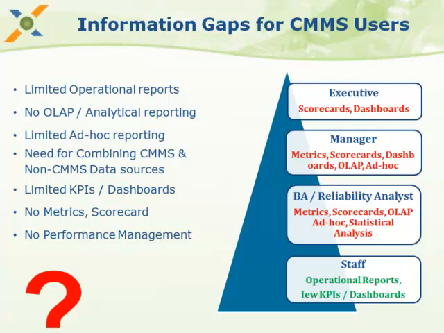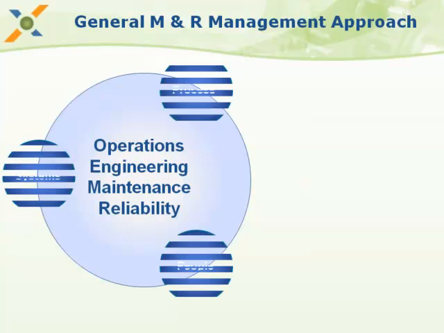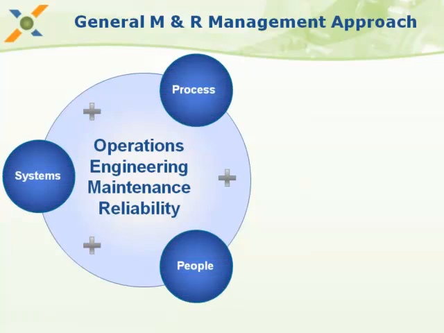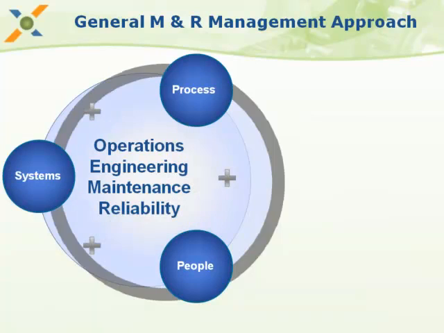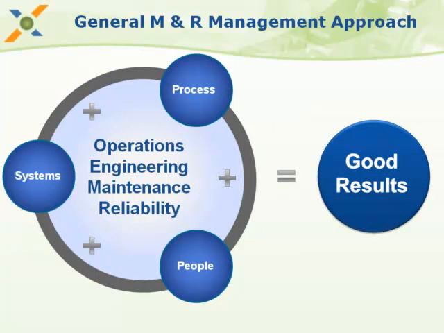All right. So the general approach we have for asset operations, engineering, maintenance, and reliability: for a long time, we have been using this approach where we have systems, process, and people. This is a three-legged stool which combines and gives us good results. This has been practiced in most companies, and given that you all have CMMS, I'm assuming that some portion of this is already in place.